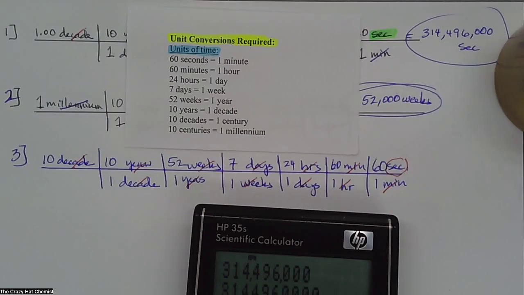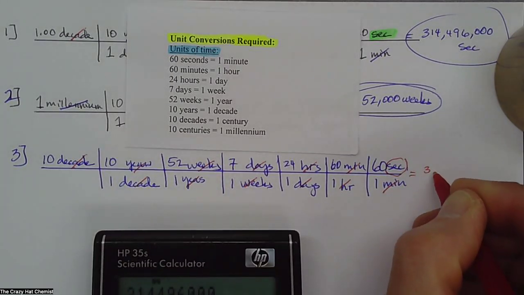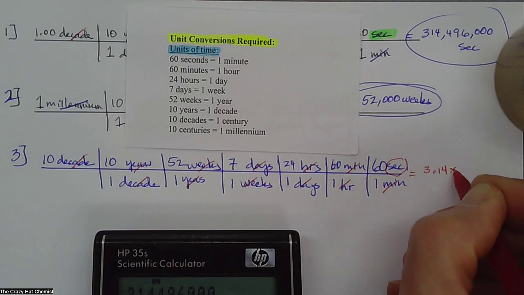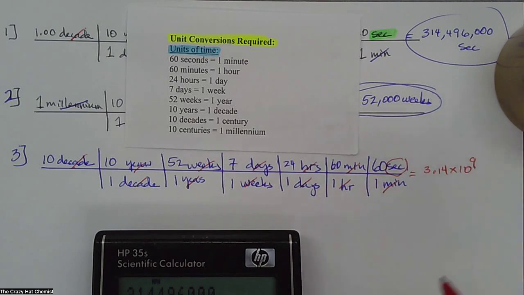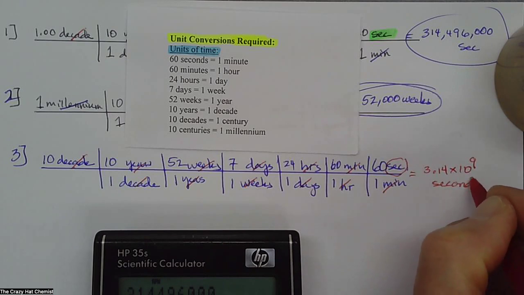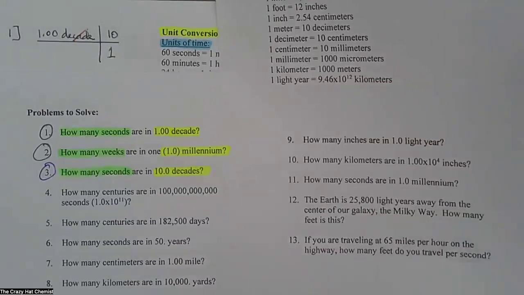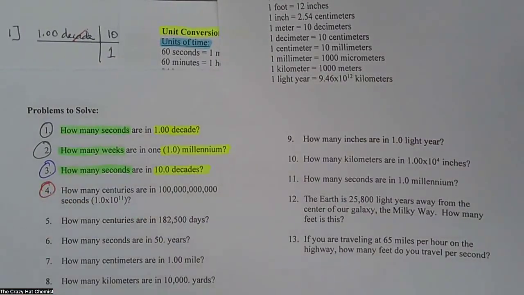And I'm going to have a very large number, and this is going to equal 3.14 times 10 to the 9 seconds. It's like 3 billion seconds. That's a lot of seconds. All right, that's number 3. Let's do number 4. I know this seems kind of rather boring, but hopefully you're getting the point here.